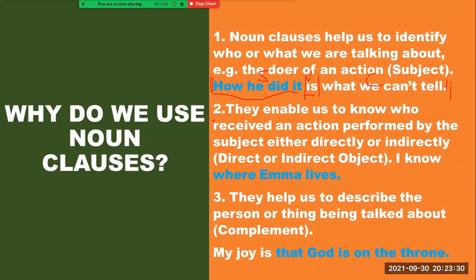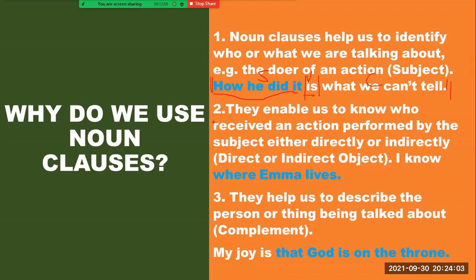Now let's look at the second reason why we use noun clauses. We use noun clauses because they enable us to know who received an action performed by the subject, either directly or indirectly. We have talked about the fact that noun clauses help us to identify who or what we are talking about, which in some cases is the doer of the action.